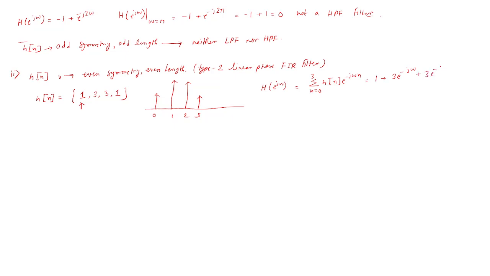This corresponds to frequency 2ω, and this last coefficient is 1, corresponds to frequency 3ω. Now for this one, let us check whether it's a high pass filter or not. ω equal to π becomes 1 plus 3 e to the power minus jπ plus 3 e to the power minus j2π plus e to the power minus j3π.